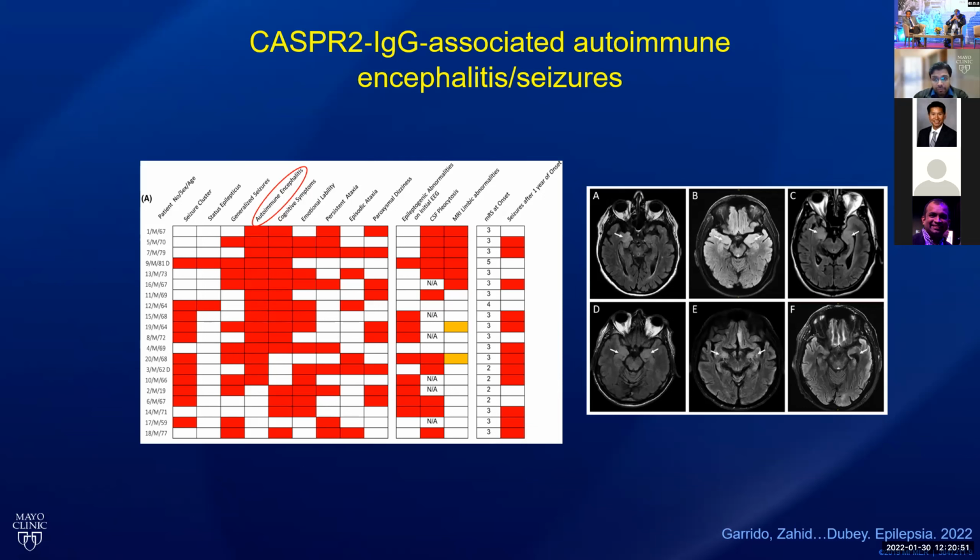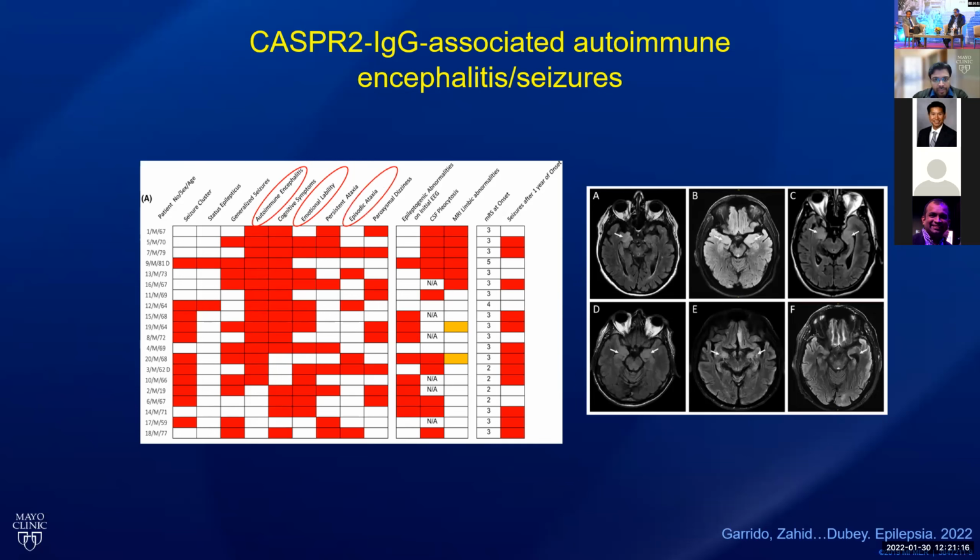The other red flags that should make us think of Caspr2 immunity, or at least the CNS manifestation, are the presence of episodic emotional lability. A few of these patients told me that all of a sudden they just couldn't control themselves and had these episodes of brief laughter or brief crying without any inciting event.